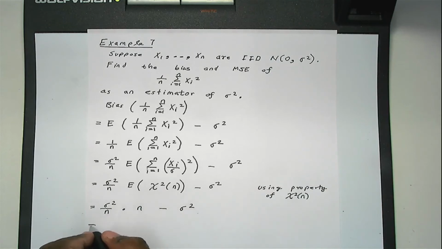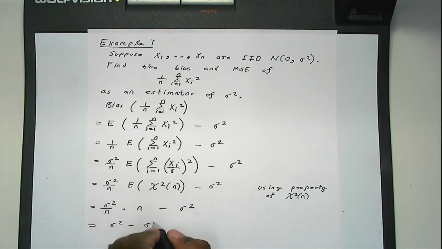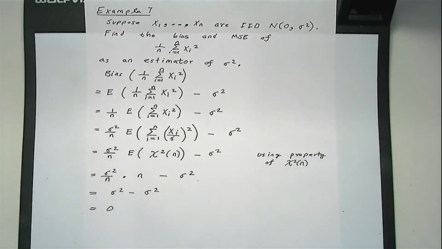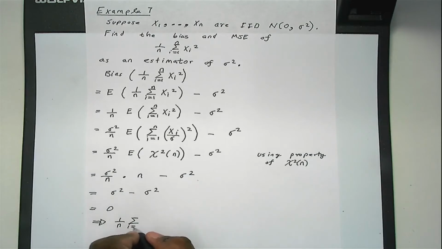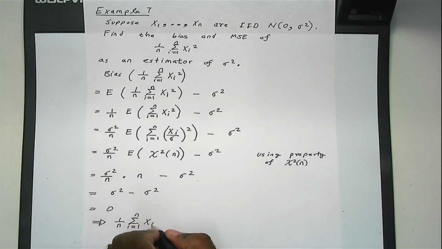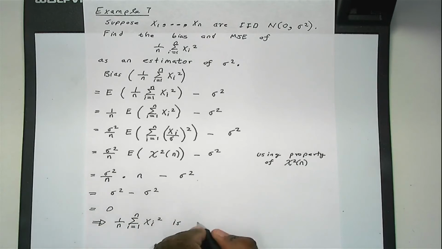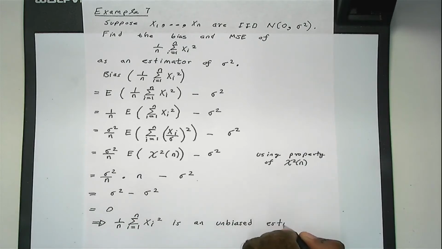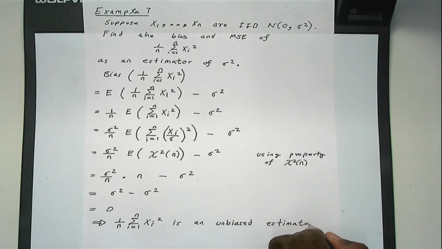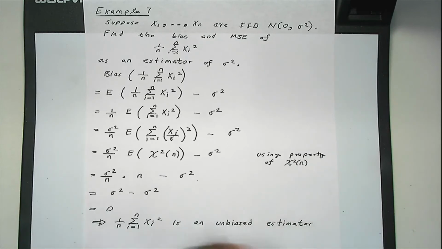So this is sigma squared minus sigma squared, which is 0. Right, so what we have shown here is that this is an unbiased estimator of sigma squared.